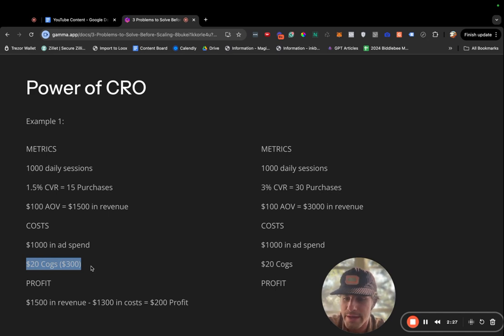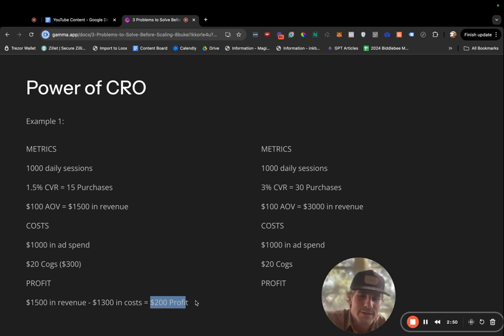On top of that, we also have cost of goods. So let's say, on average, it's about $20 cost of goods for every order. So we have $1,500 in revenue minus $1,300 in costs, because we have $1,000 here, and then 15 times 20 is $300. So $1,500 in revenue minus $1,300 in costs equals $200 a day in profit.